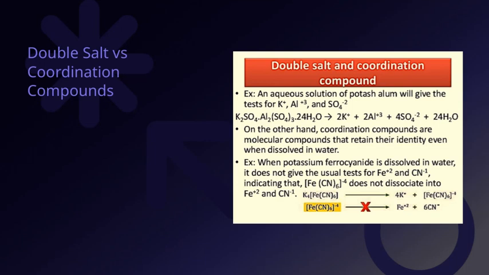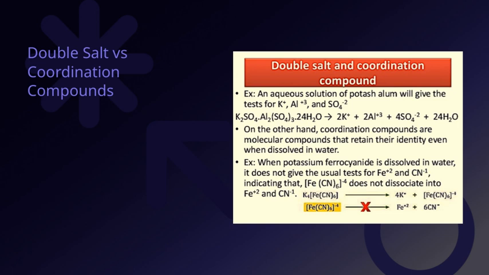Today, I want to clarify the differences between double salts and coordination compounds. Both involve complex structures, but they have distinct characteristics. Double salts are essentially crystalline compounds formed when two different salts crystallize together and maintain their individual identities. They typically dissociate into their constituent ions when dissolved in water.